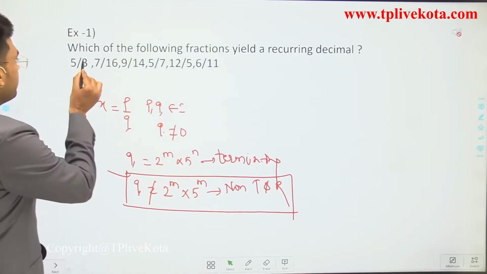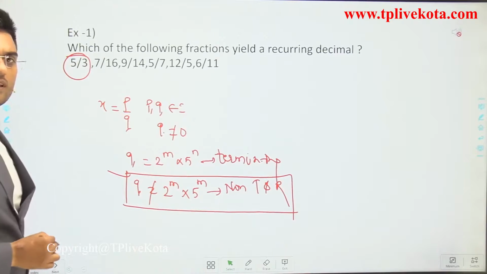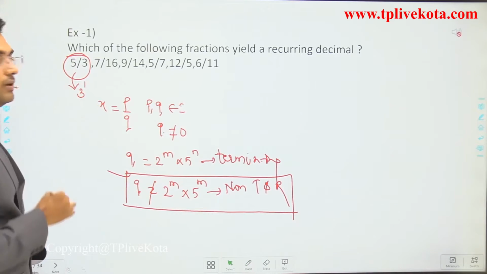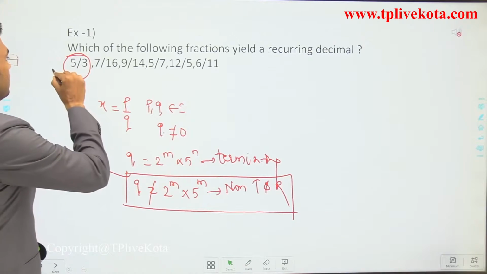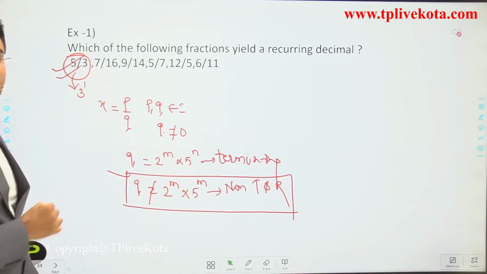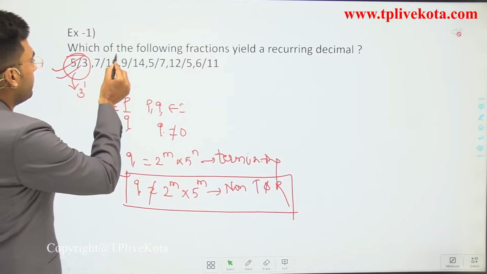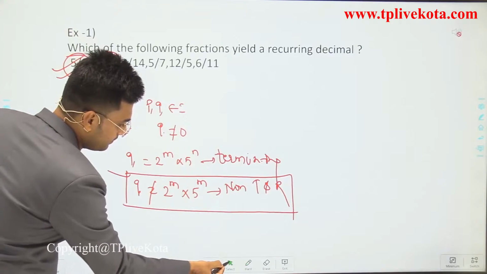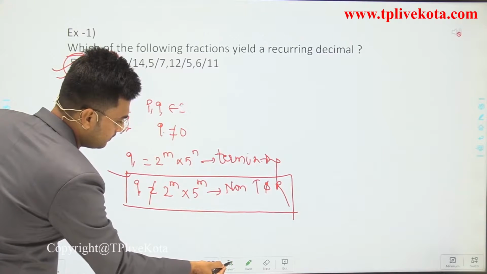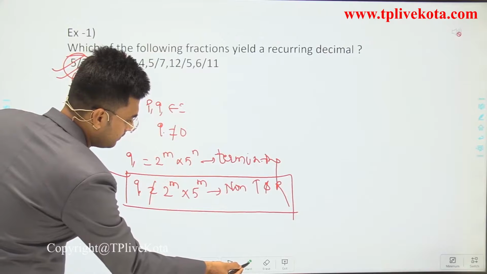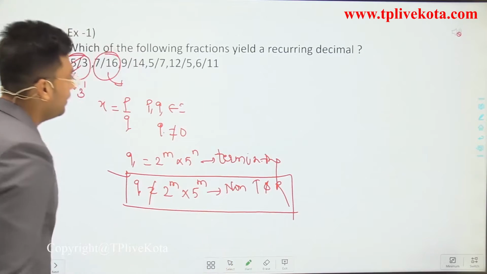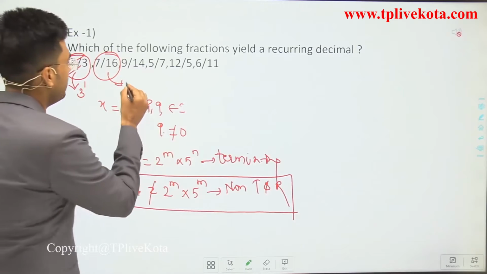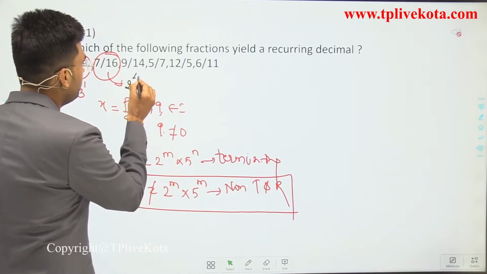So let's start with 5 by 3. In 5 by 3, the denominator is in the form of 3 power 1, so it shows a recurring decimal. Then 7 by 16. The denominator is 16, and 16 we can write in the form of 2 power 4.